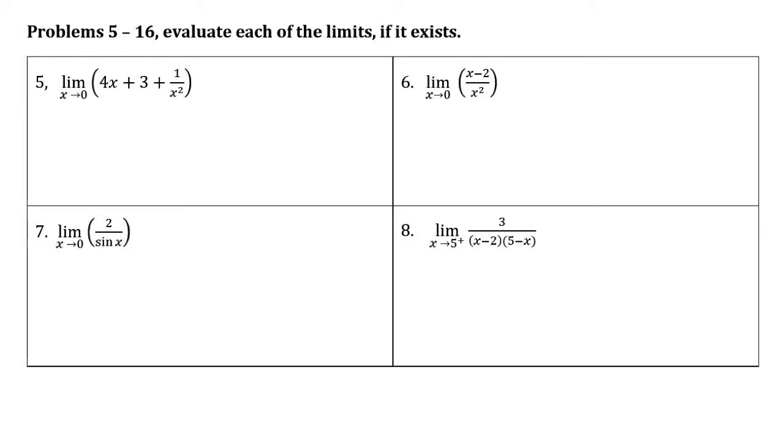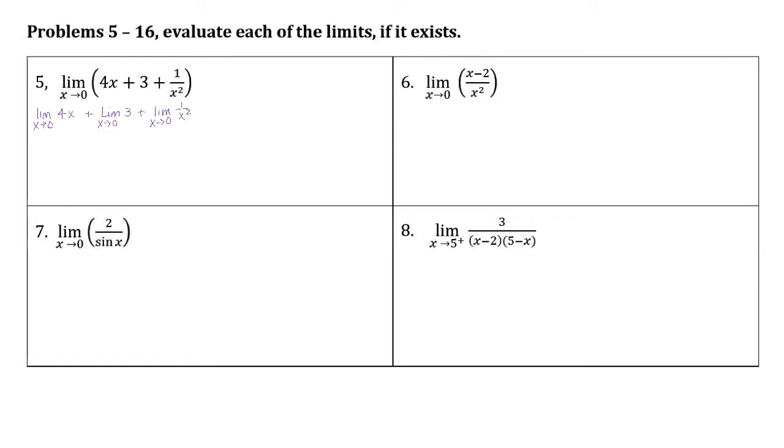With number 5, a good way to approach it, since you have a polynomial here, is to divide this up into 3 different limits. So we could look at this as the limit as x approaches 0 of 4x plus the limit as x approaches 0 of 3 plus the limit as x approaches 0 of 1 over x squared.